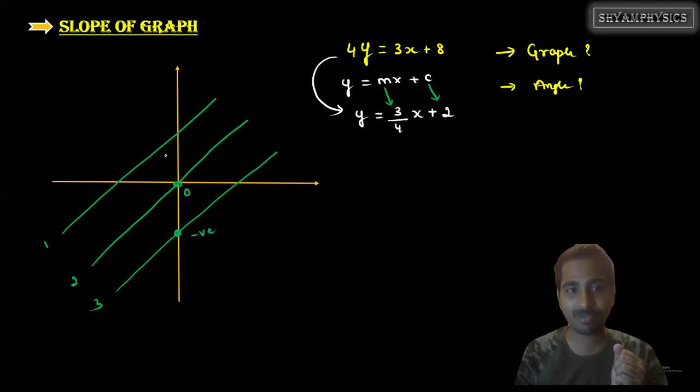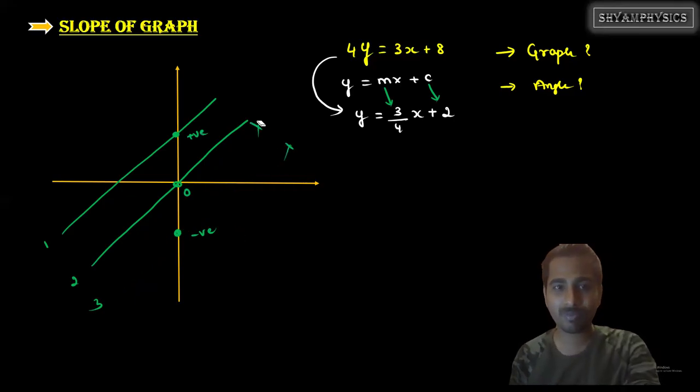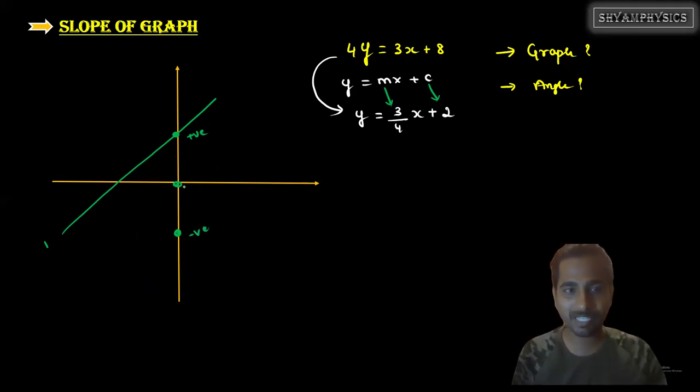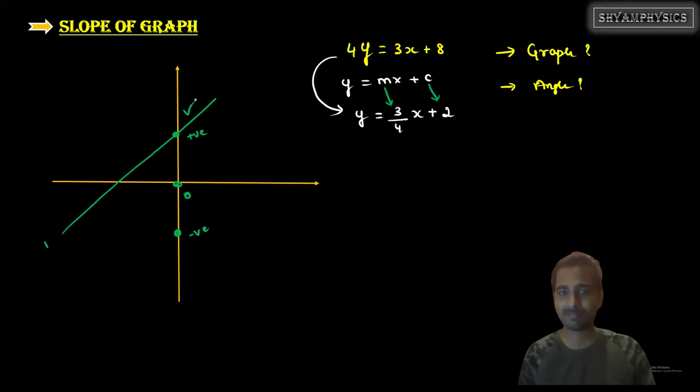Here the intercept is 0. Here the intercept is positive. So these two are the wrong answers. Remove these two answers. Here the intercept is negative, here the intercept is 0, so the correct option will be this one.